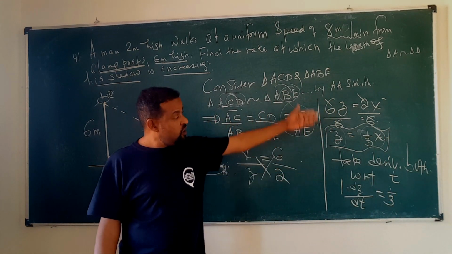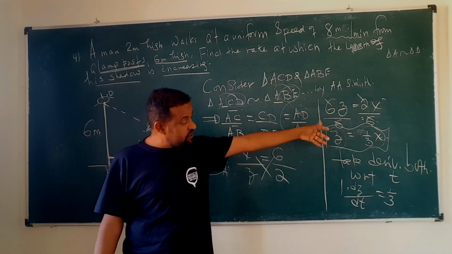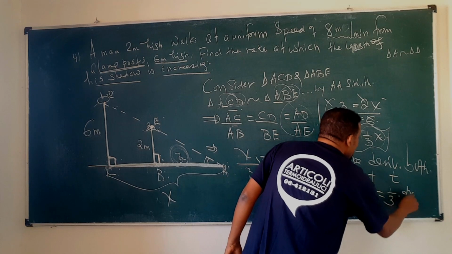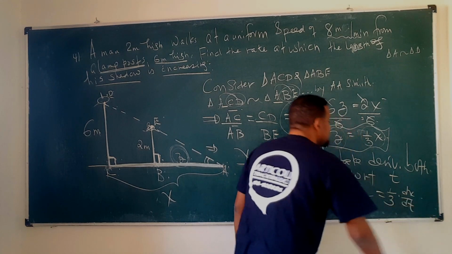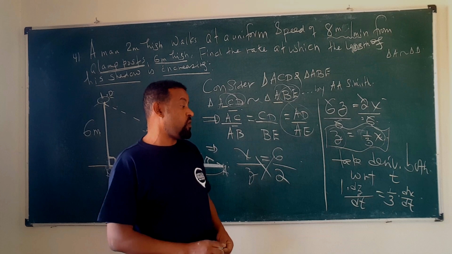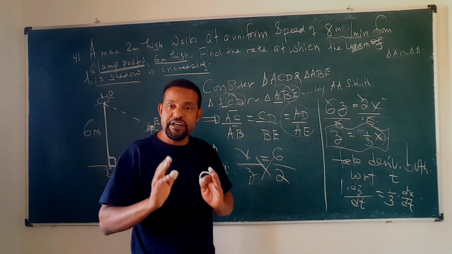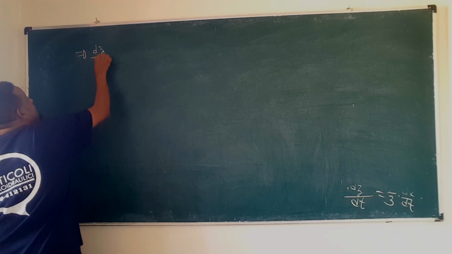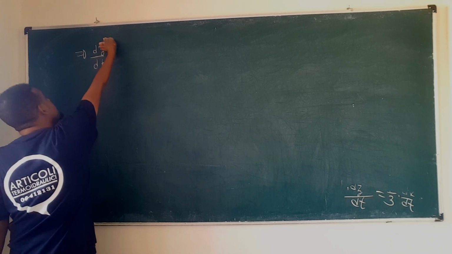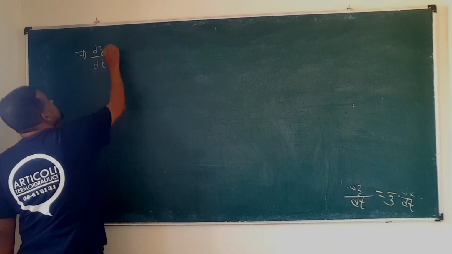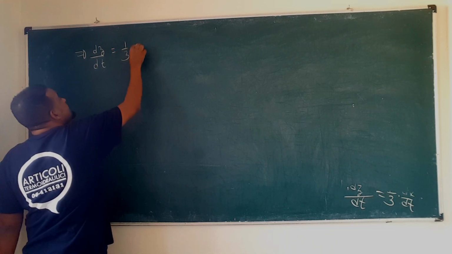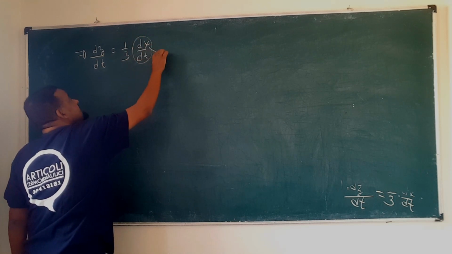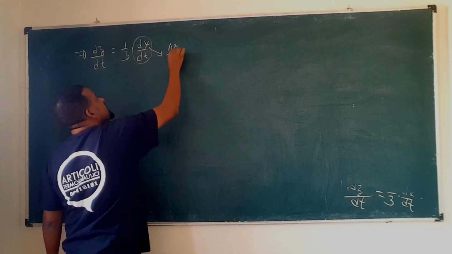The derivative of 1 over 3 x is 1 over 3, since the constant comes out, times the derivative of x, which is dx by dt. So dz by dt is equal to 1 over 3 times dx by dt. Now look: dx by dt means the change in x over the change in time.